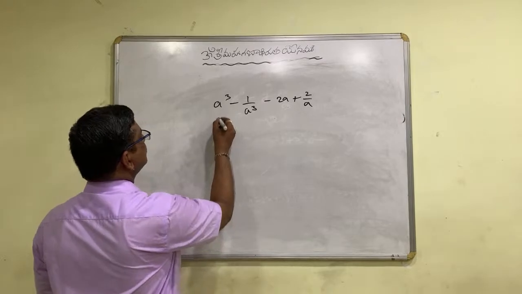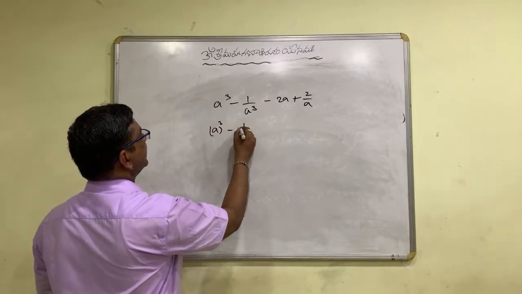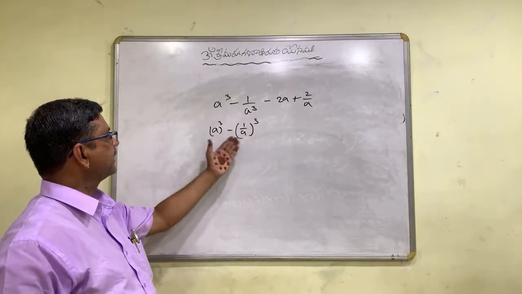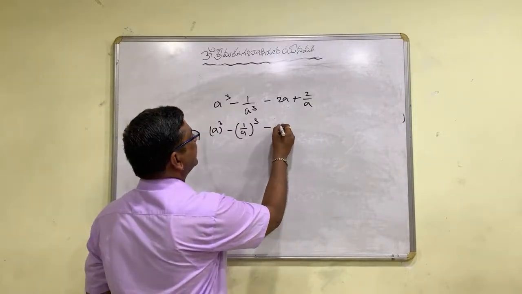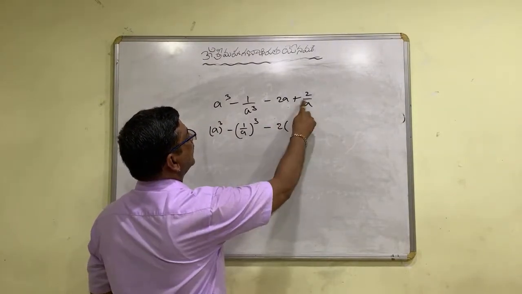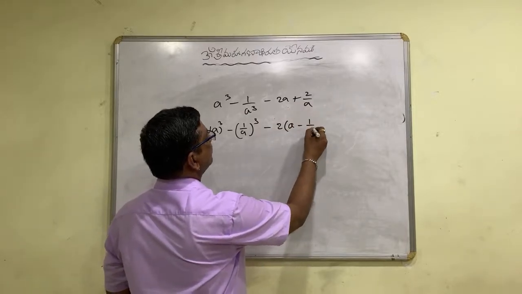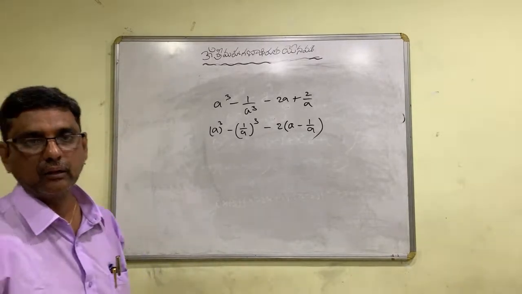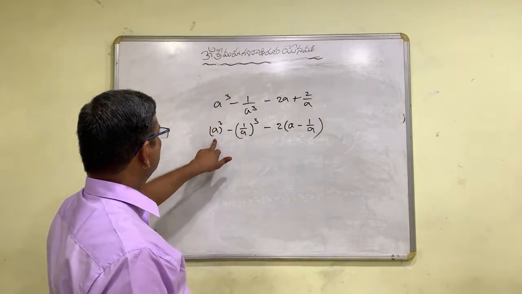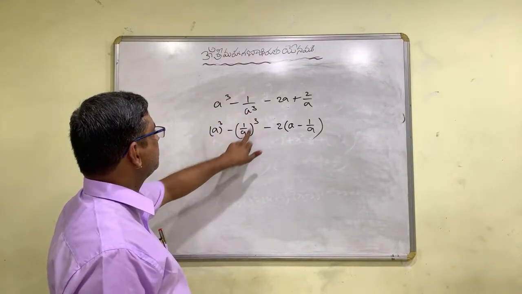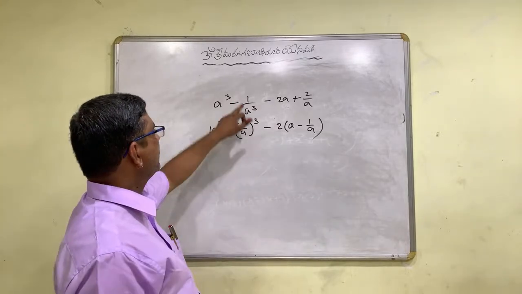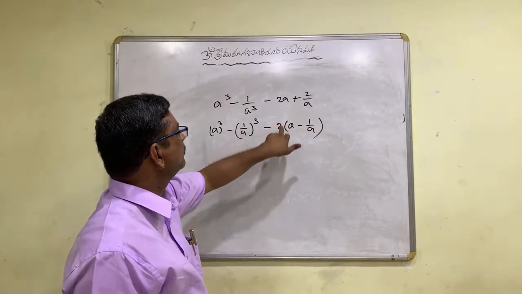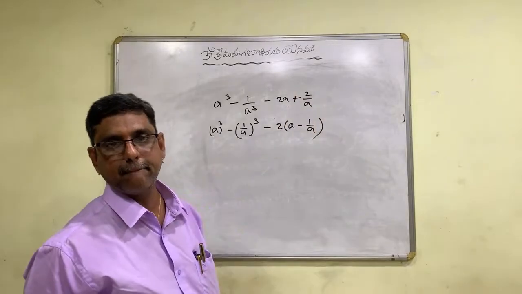So here, this one, a cube minus 1 by a cube, we can write like this. And here I can take negative 2 common so that we remain with a minus 1 by a. This is an important model. A cube minus 1 by a cube we can write as a whole cube minus 1 by a whole cube, minus, I am taking negative 2 common from these two, remaining is a minus 1 by a.